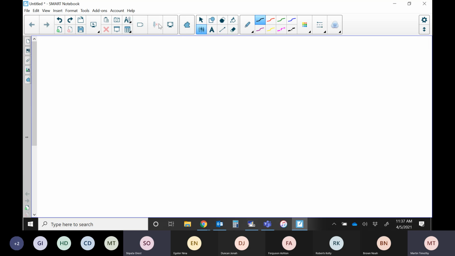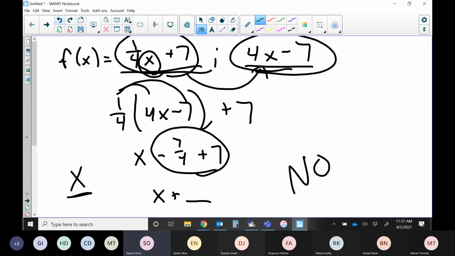Go ahead. Would the leading coefficient have to be opposite sign? No. If you change this back here to a 4, then it would have worked. Oh, okay.